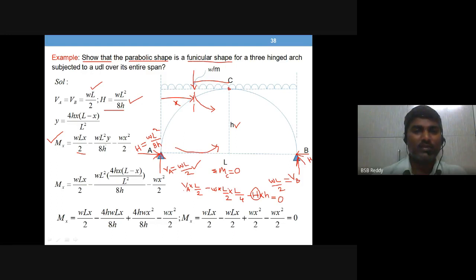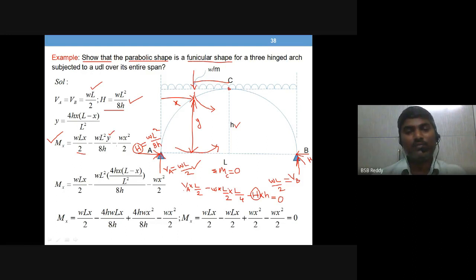Right. What else you have? Horizontal reaction into what is the distance? The distance between the point and the horizontal reaction is y. So WL square by 8h is the capital H value, the horizontal reaction, into y.